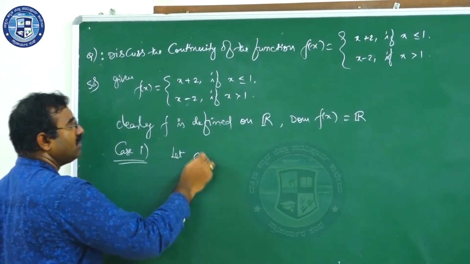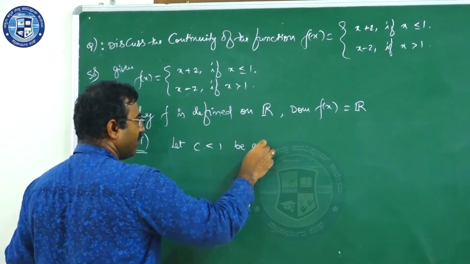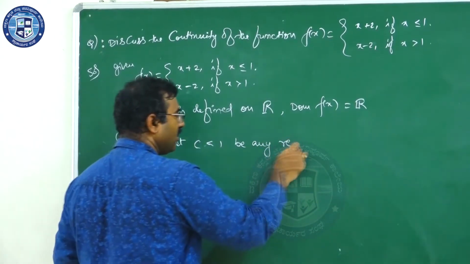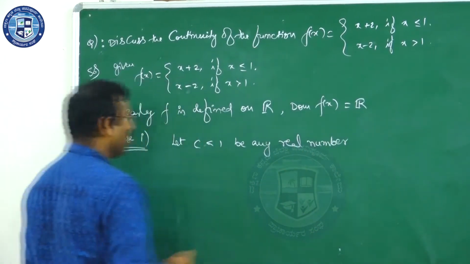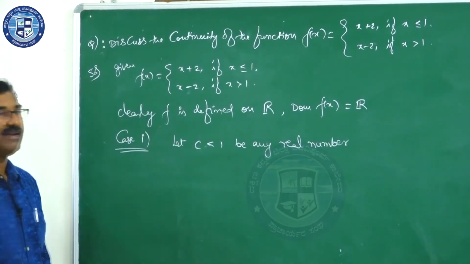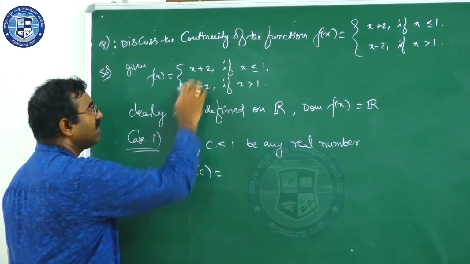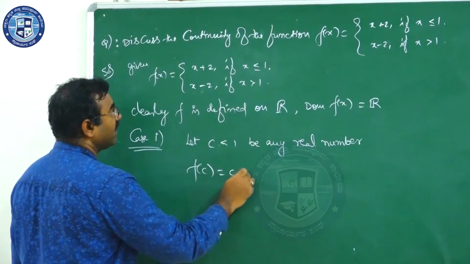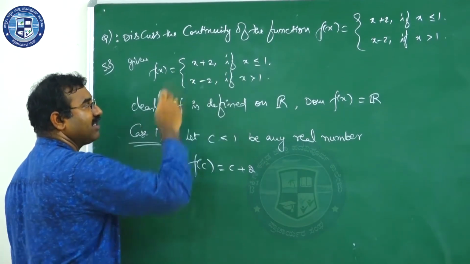Let c less than 1 be any real number. When c is less than 1, what is the functional value f of c? It's going to be c plus 2, because for all x values less than 1 this is the function they have defined.